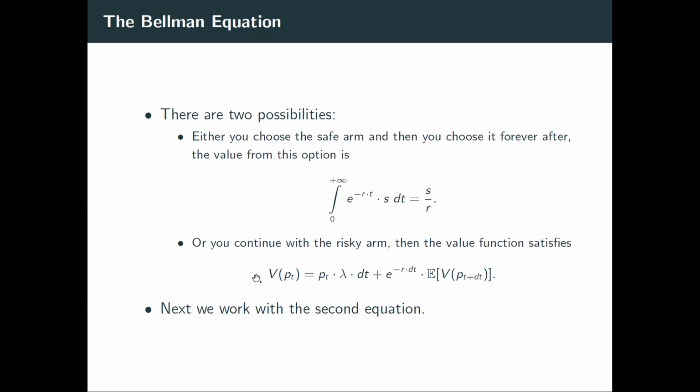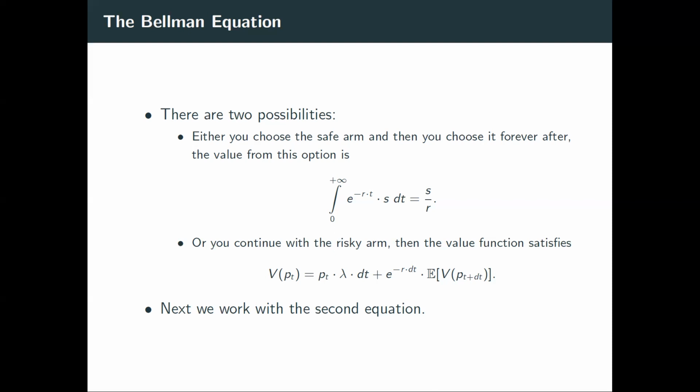And then in this region, the Bellman equation can be written in this way. So let me clarify why. Your value of using this risky arm today, V of p_t, is equal to your current payoff. Current payoff, remember, is your payoff in the infinitesimally small time interval dt, right? And here it is quite simple to calculate. If the risky arm is bad, it certainly gives you 0, right?